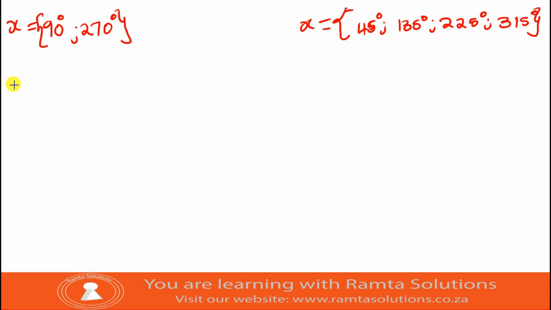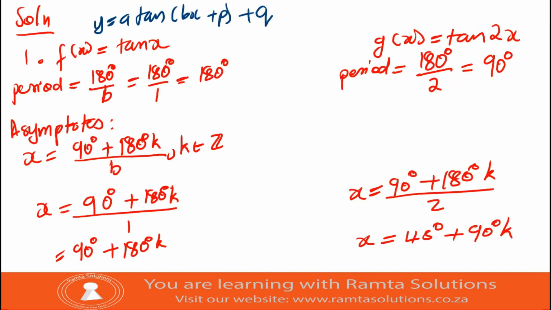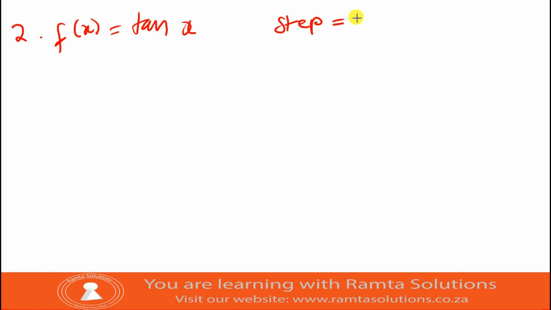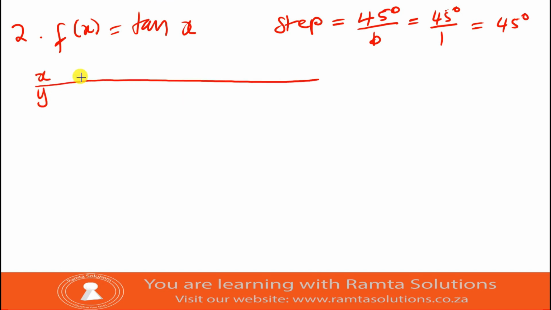Now, let's sketch the graph. I will need to go to a new page. Now, let's look at f of x equals tan x. The step here is 45 over b, which is 45 degrees over 1. So we have x, y.